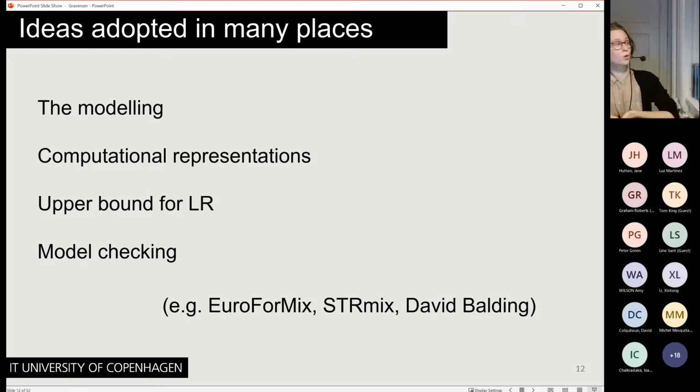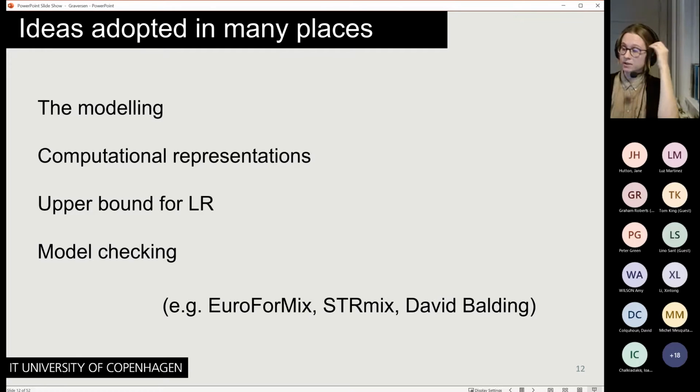That is basically a whole research group who took this entire framework, maybe minus the computational representation, and adapted the modeling a bit to their needs, but adapted the idea of model checking and so on, and made this into a standalone software.